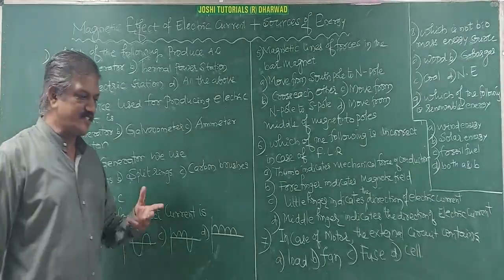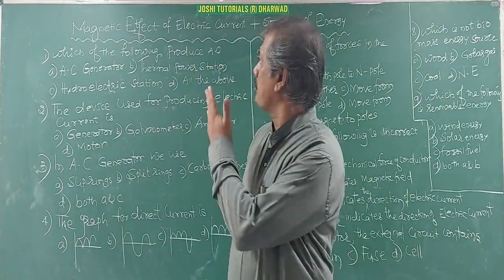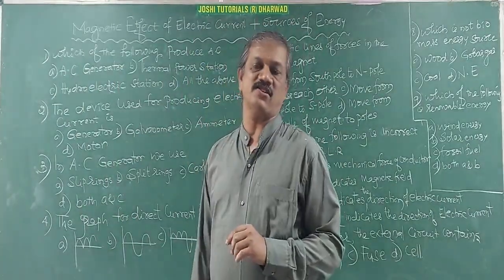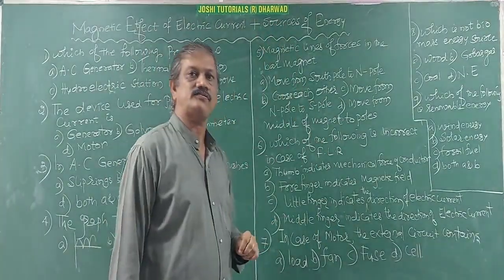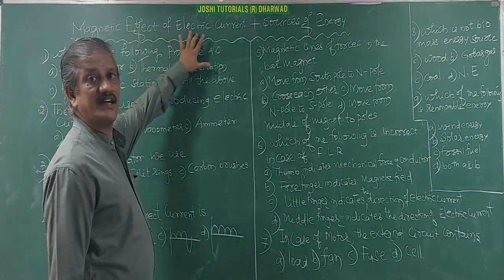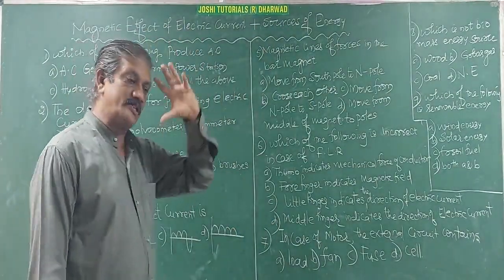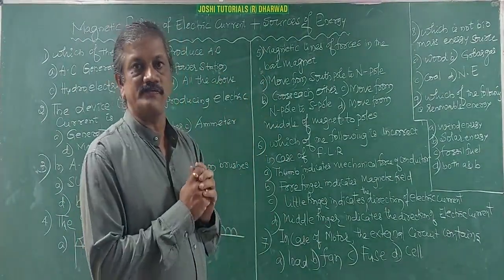Okay, next two more topics. One is magnetic effect of electric current, another one is sources of energy. In the magnetic effect of electric current, you must know the concept: magnet, north pole, south pole.